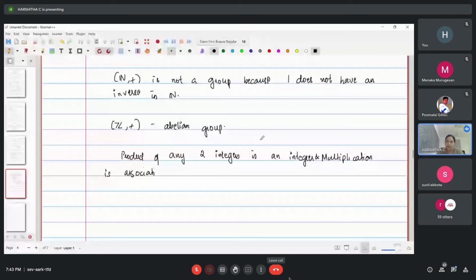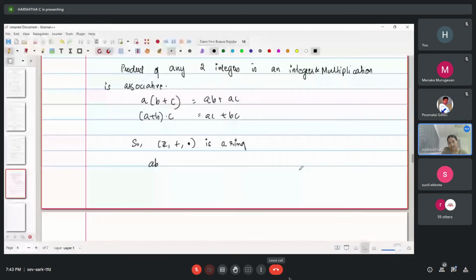But they don't just ask for a ring, they ask for a commutative ring with unity. Commutative means, since under addition we are already demanding that it be abelian, that under multiplication the operation is commutative, which means ab equals ba, which is again true in integers.